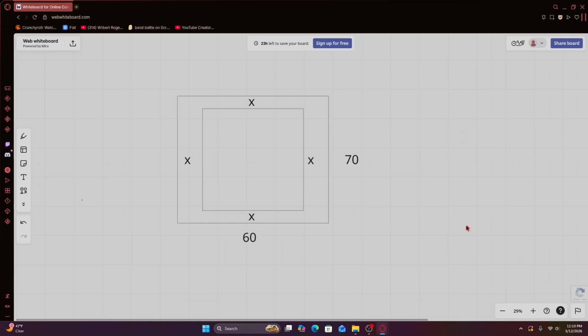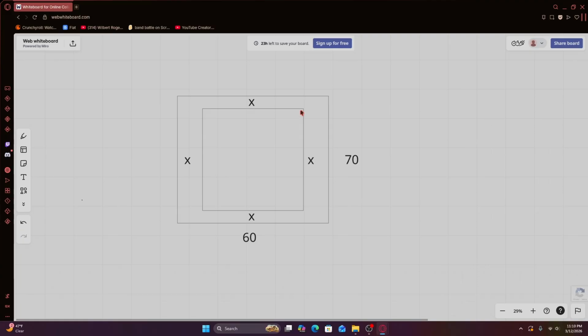This is another common equation found in tests where you have a tiny square and a big square, and between the edge of the tiny square and the big square there's an x distance in between. Now my square isn't perfect, but the total area is 60 by 70 for the inner square.